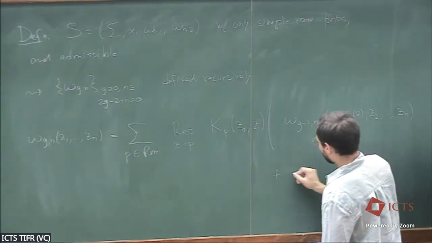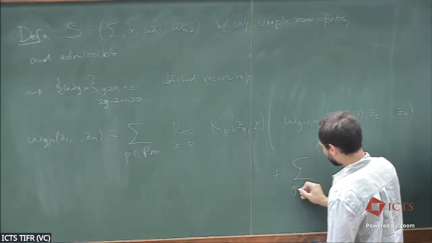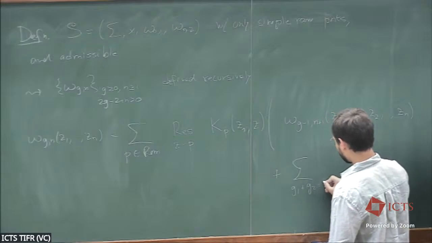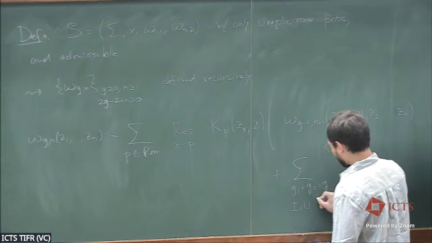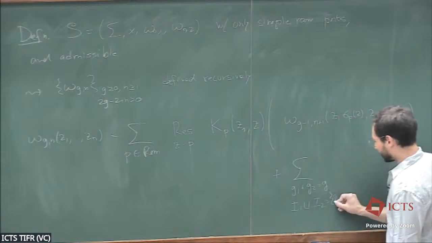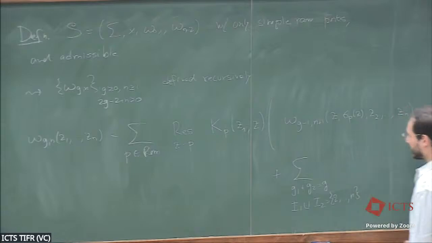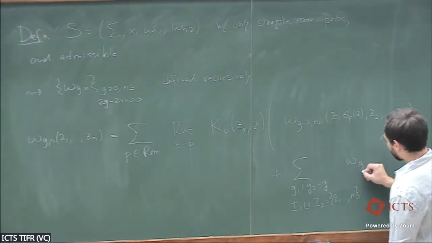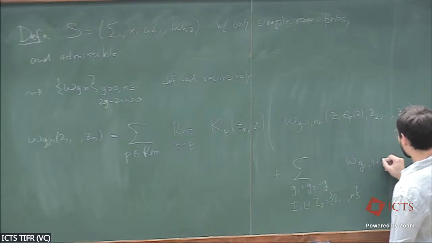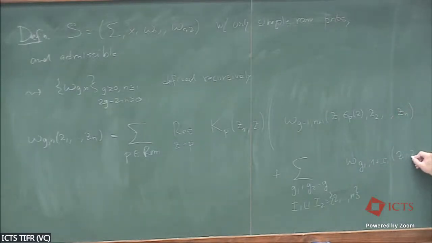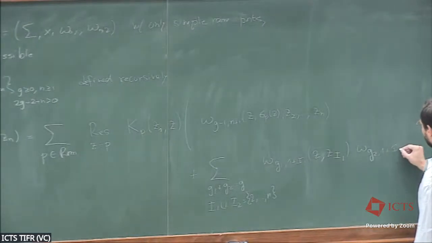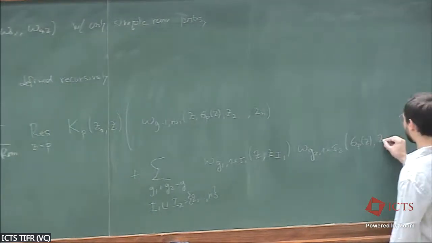And then I have a sum over the splittings of the genus, so g1 plus g2 equal to g, and I1 disjoint union I2 equal to the set from 2 to n. And then I have the quadratic term, omega g1, 1 plus size of I1, evaluated at z and then the variables associated to the first splitting of the markings. And omega g2, 1 plus size of I2, and then I have sigma p of z and z_I2.